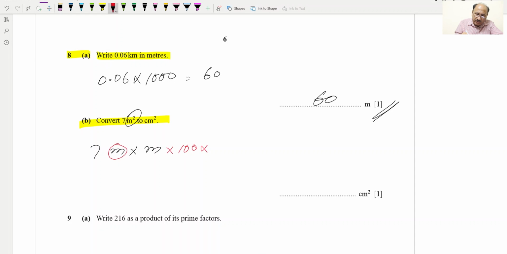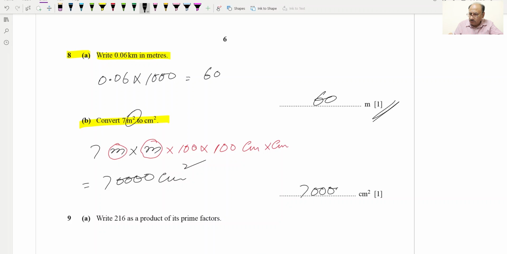We need to change the other meter also, so we write 100 again. This is centimeter into centimeter, which equals 7 with 4 zeros, 1 2 3 4, and this will be centimeter square.